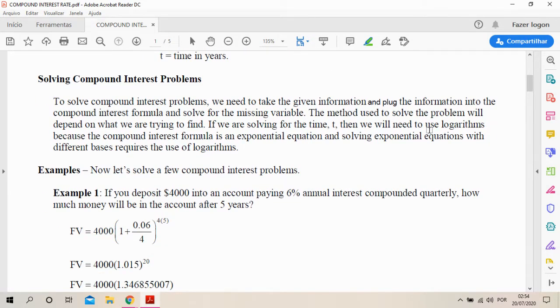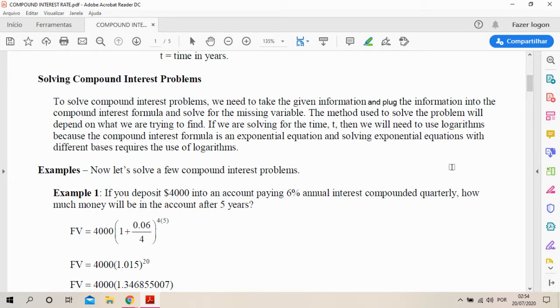Solving compound interest problems. To solve compound interest problems, we need to take the given information and plug the information into the compound interest formula and solve for the missing value. The method used to solve the problem will depend on what we are trying to find.